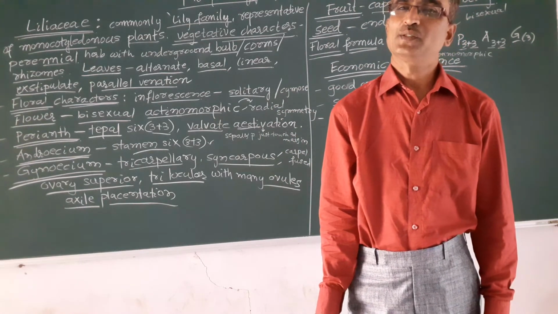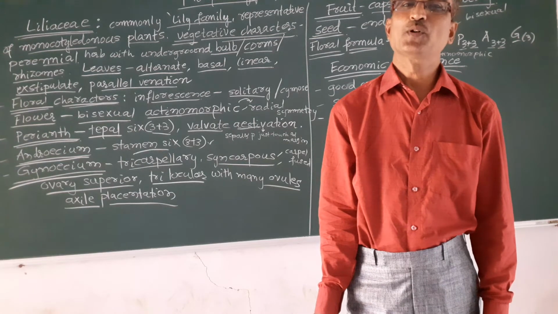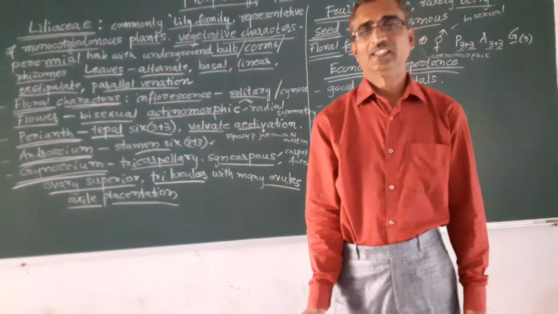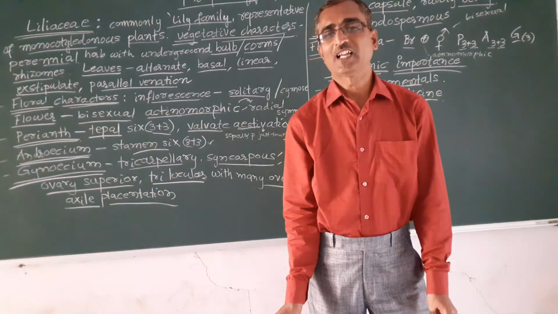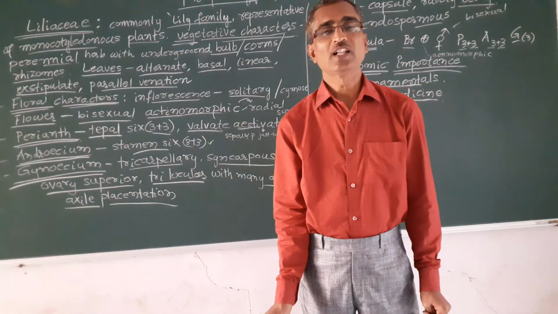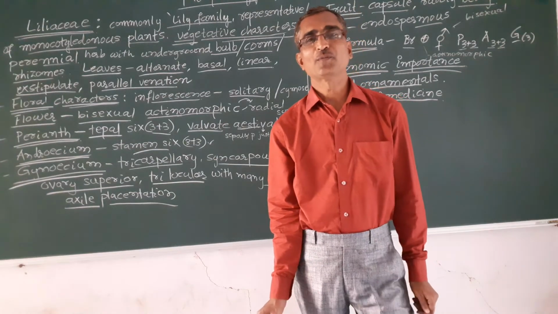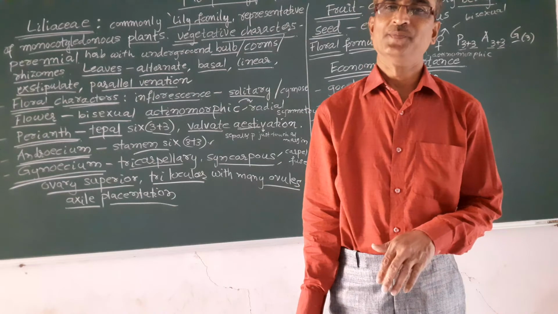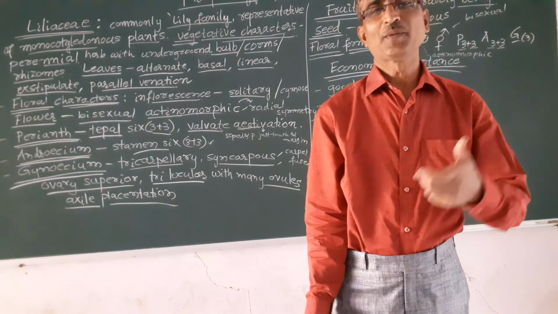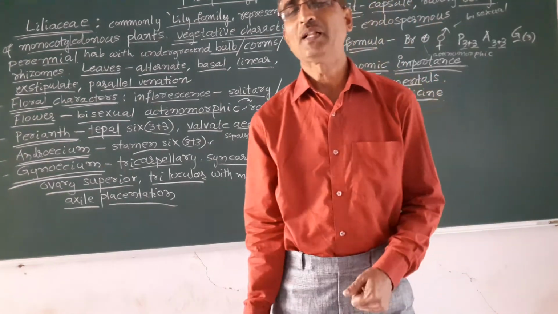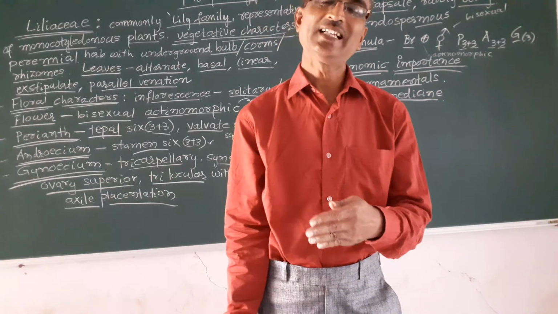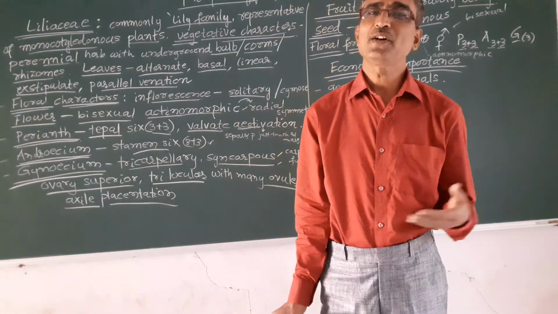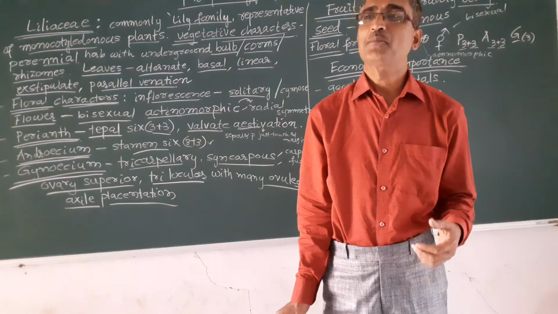We also discussed the structure of a flower, the various parts of a flower, wherein the flower has 4 whorls. The outermost whorl is the calyx, and the individual members of the calyx are known as sepals. Next to the calyx is the corolla, whose members are known as petals.